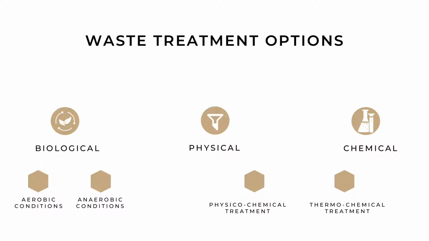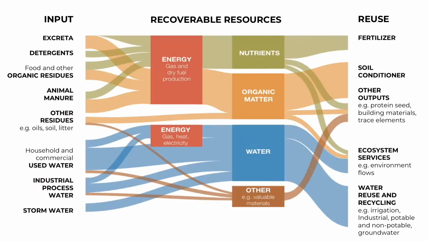Biological treatments can be aerobic or anaerobic. Anaerobic degradation produces biogas. Physical and chemical treatments can be combined in a technology offering physicochemical and thermochemical treatments, the latter being relevant for the production of energy.